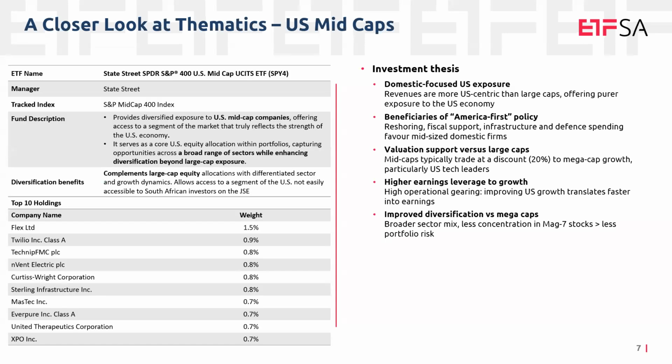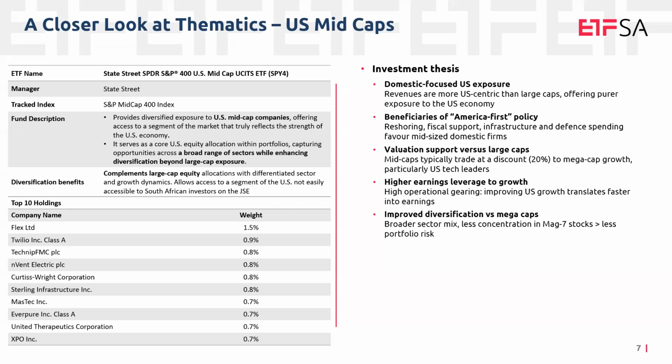In this particular case, we are investing in one of the State Street ETFs, something which is not readily available to South African investors, much like that Global X AI Infrastructure ETF also is not readily available to South African investors. But we buy into this, and have a look at those top 10 companies. Not only are those names a lot less familiar to us, but look at those weights also.